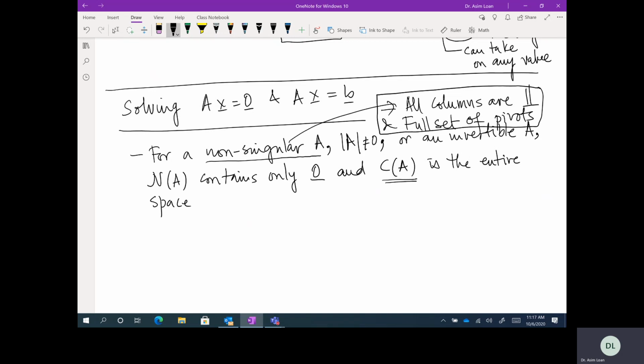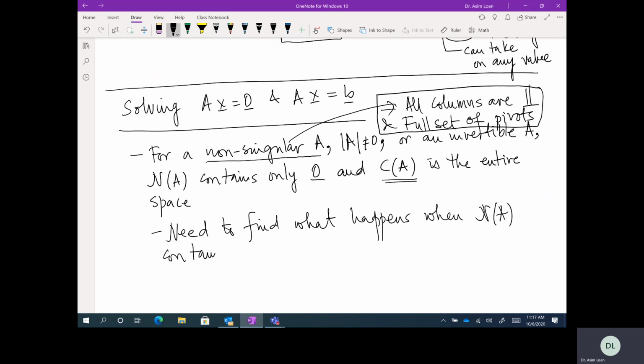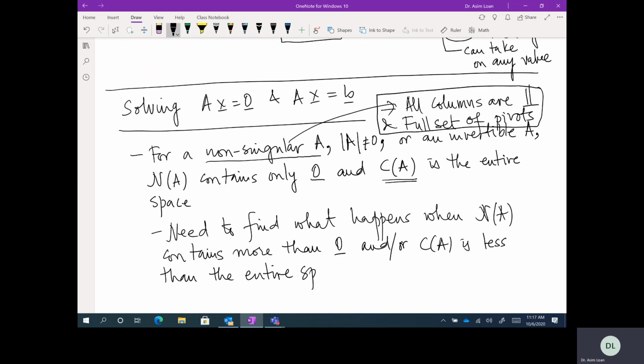So we need to find what happens when the null space of A contains more than the origin, contains more than 0, or the column space of A is less than the entire space.